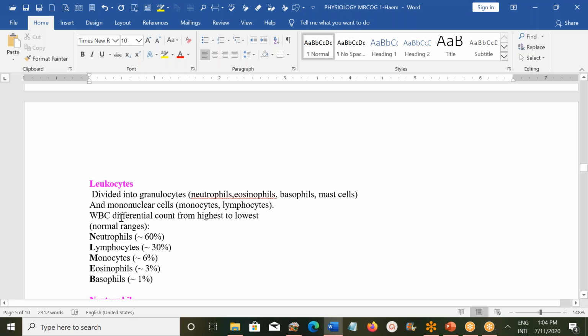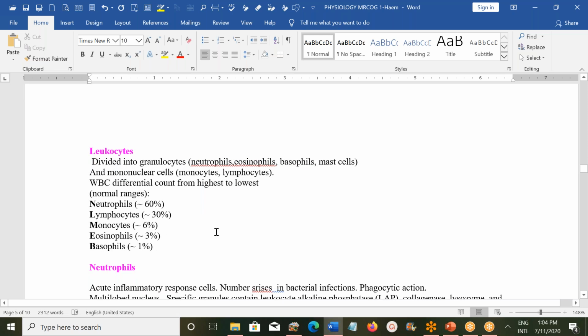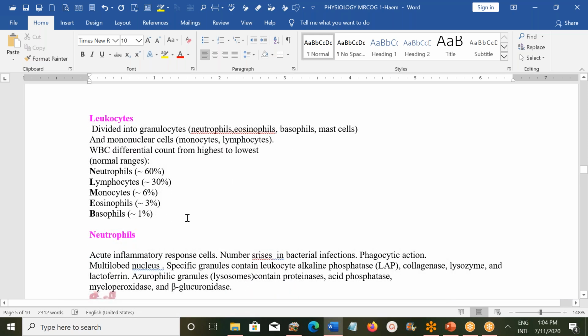For WBCs we can do the TLC, the total leukocyte count, which tells us the actual number of WBCs, and the differential leukocyte count, which tells us which types of cells are present. Neutrophils are 60% of WBCs, lymphocytes make up 30%, monocytes are 6%, eosinophils are 3%, and basophils are 1% or less.